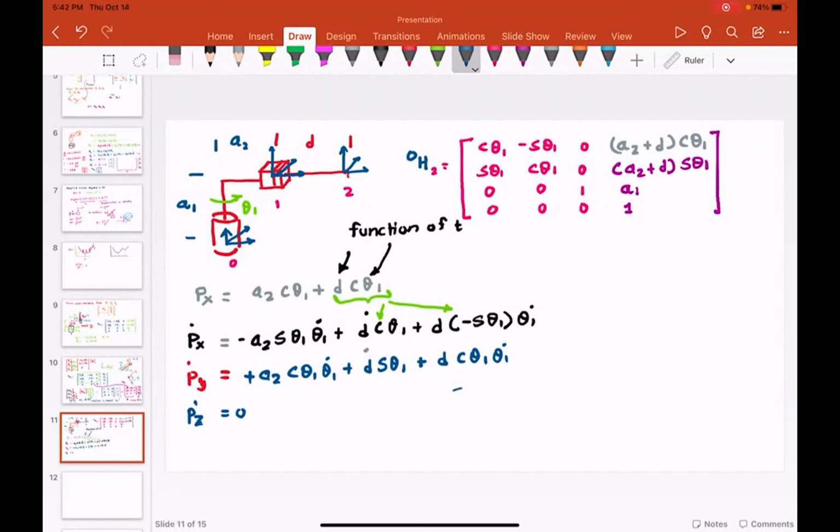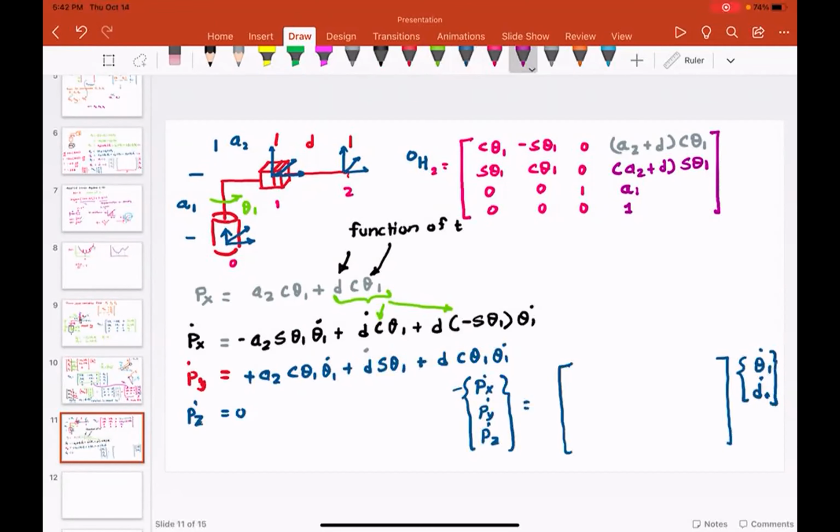This can be written as Px dot, Py dot, Pz dot is equal to a matrix. And now how many joint variables do we have? 2. So this should be theta 1 dot, D dot.